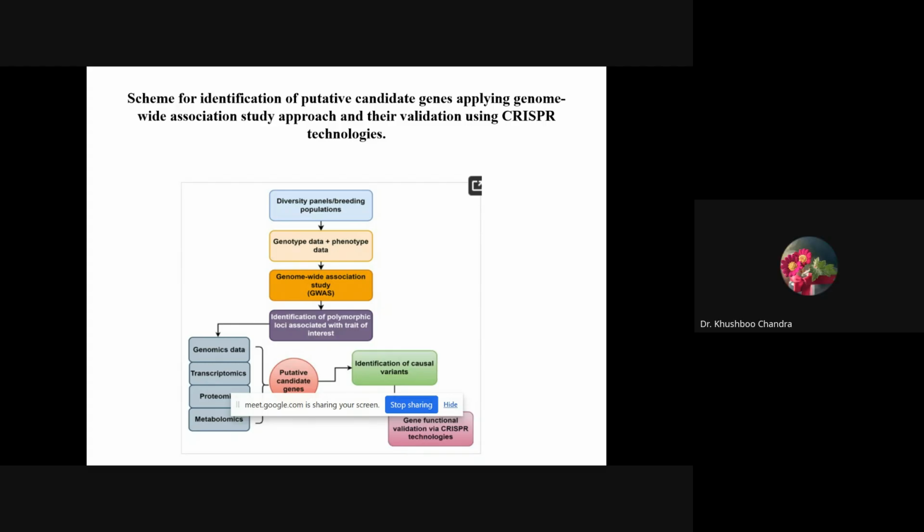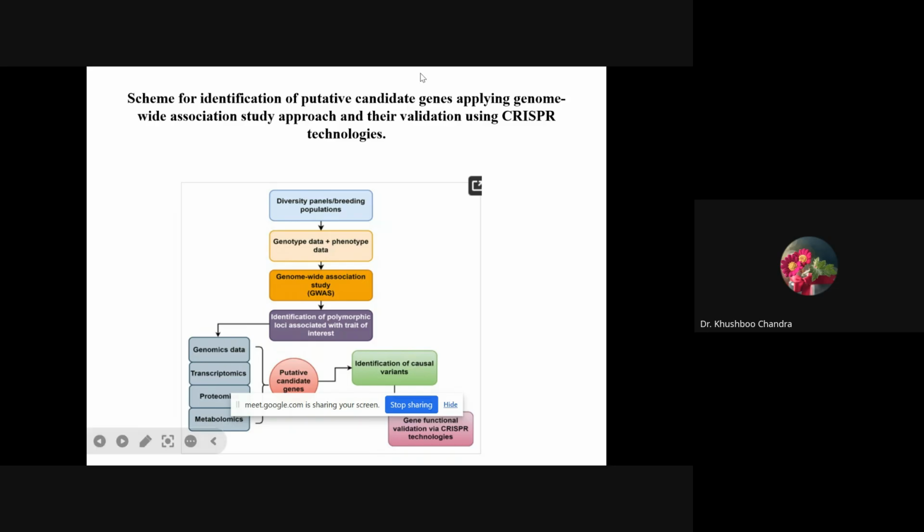So now coming to the next slide. Here we can see this provides an outline of how, during this CRISPR-Cas process, we are doing the identification of putative candidate genes, applying the genome wide association study approach.